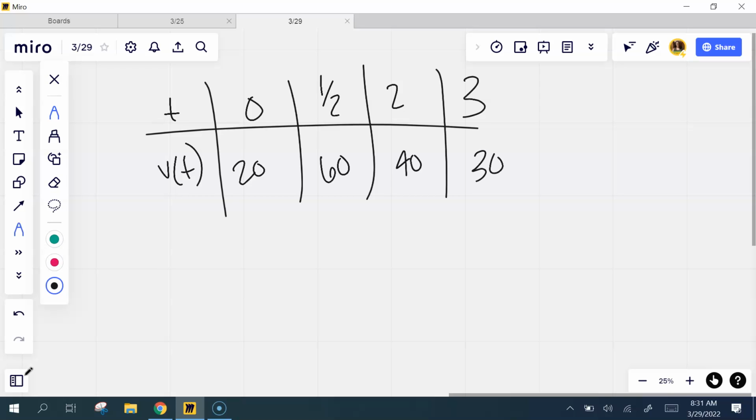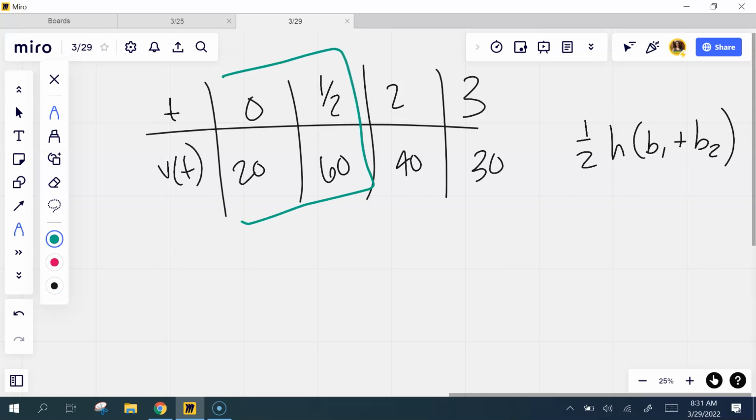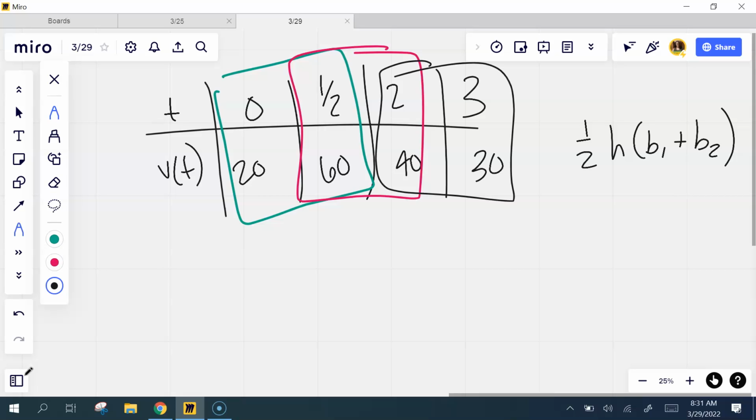Trapezoidal sum, remember, is 1/2 height times base 1 plus base 2 for each trapezoid, and then add them together. Trapezoid 1, trapezoid 2, and trapezoid 3. There are 3 trapezoids there.